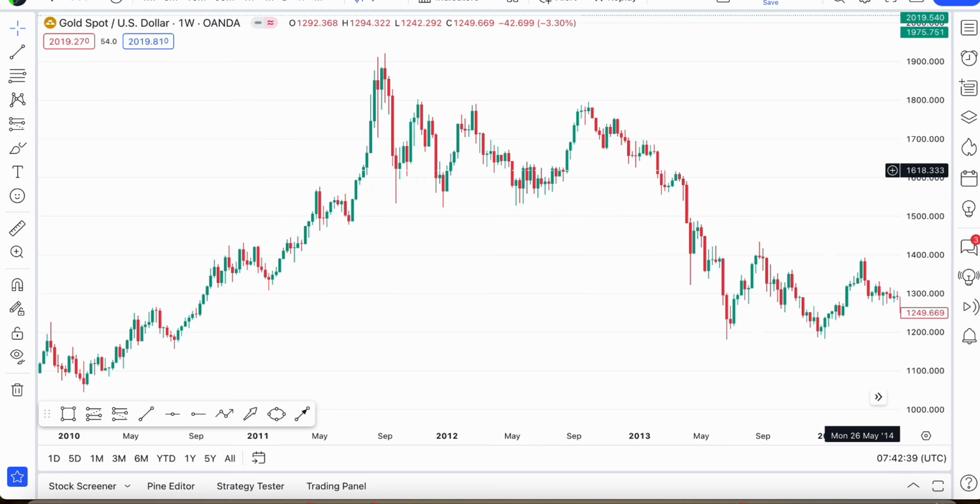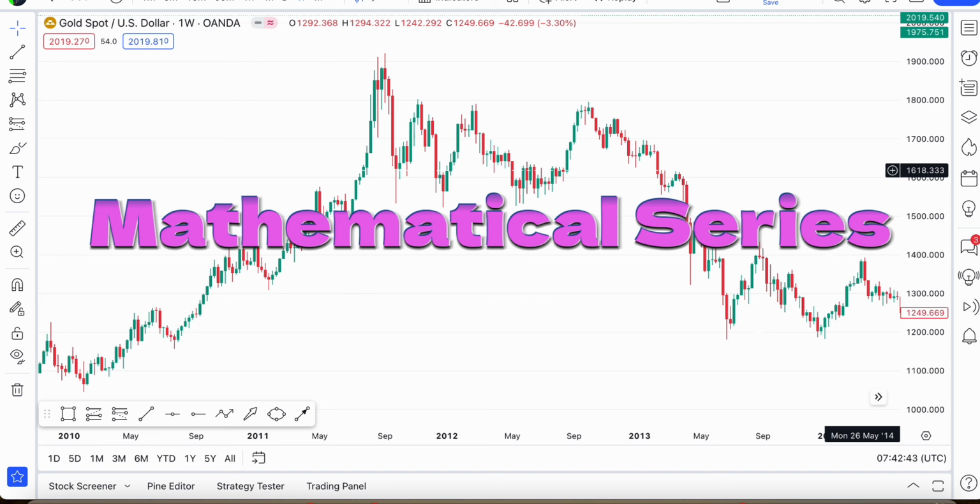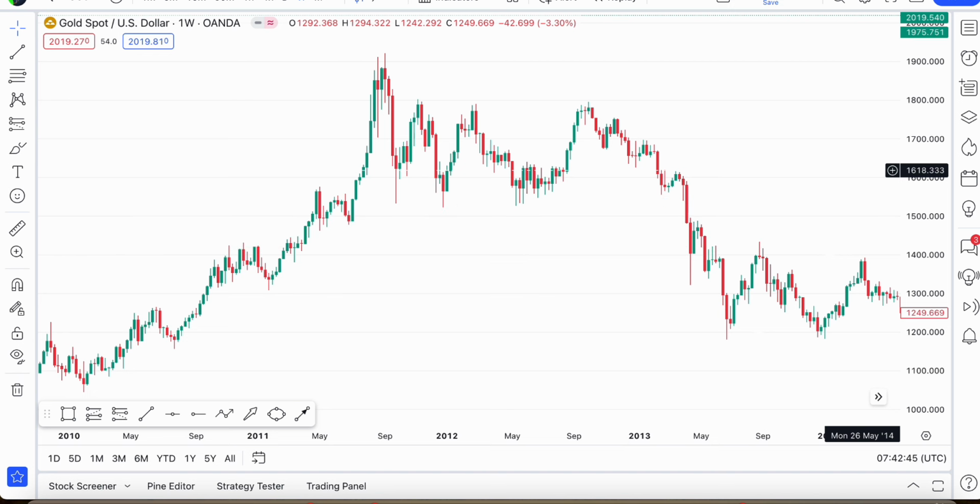It's a mathematical series. You can look that up on Google, on YouTube, read about Fibonacci and how it's evident in so many things of life.